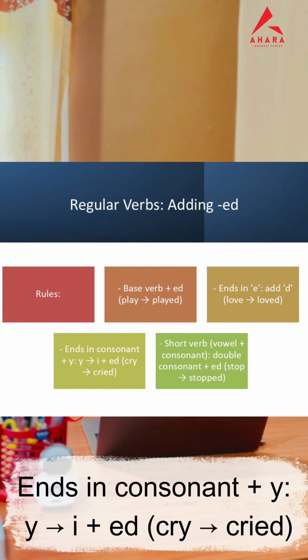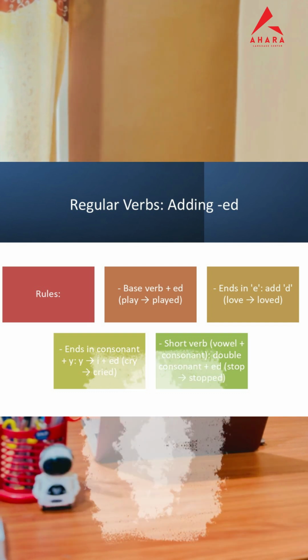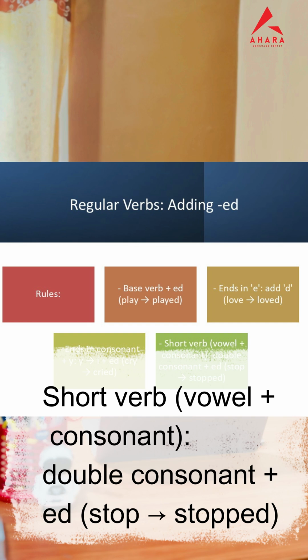So, the example, cry, where the consonant r ends with y, so I will change the y to i and I will add ed, so it will become cried.